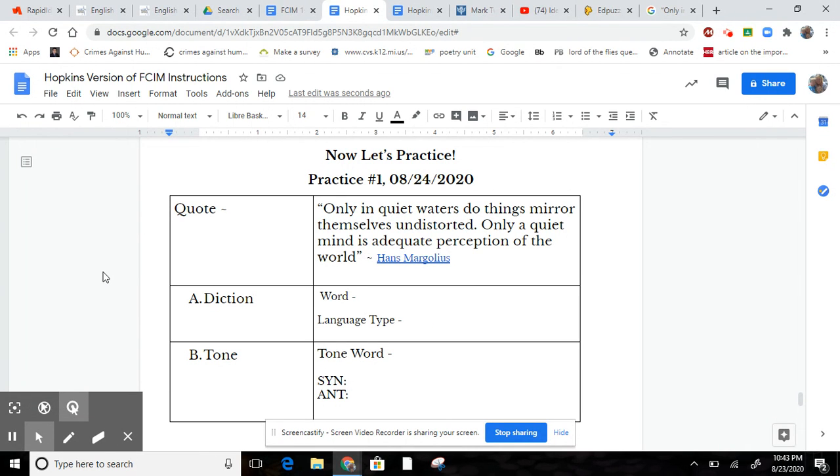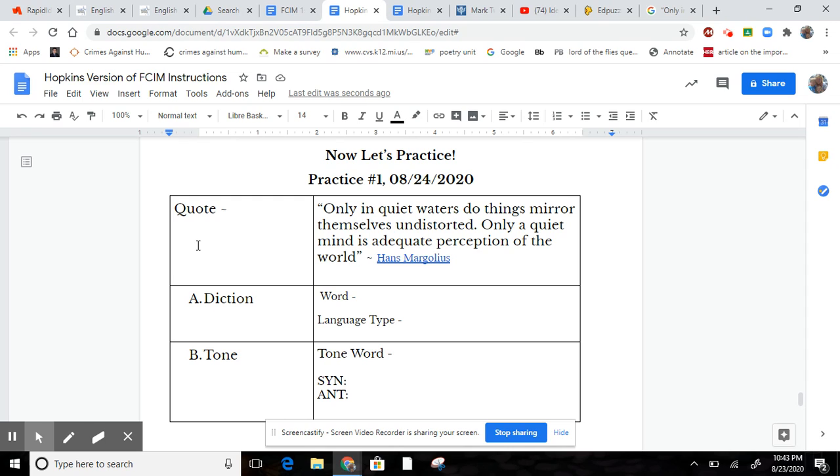Here's your practice for today. See what you can do with this quote. It says, only in quiet waters do things mirror themselves undistorted. Only a quiet mind is adequate perception of the world. And this is by Hans Margolius.